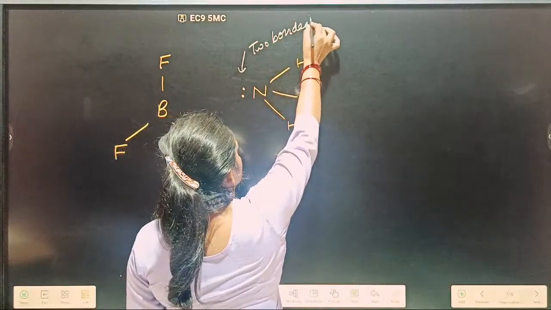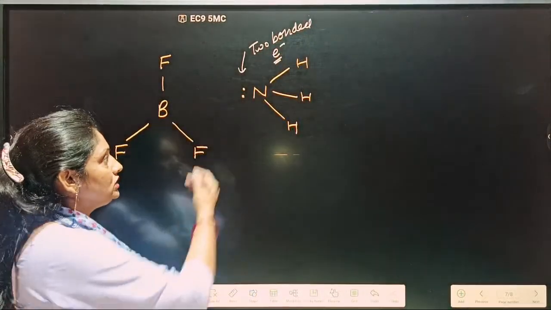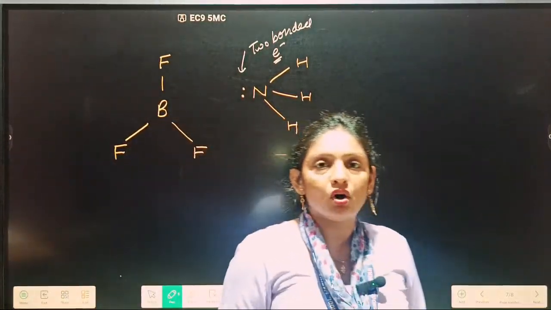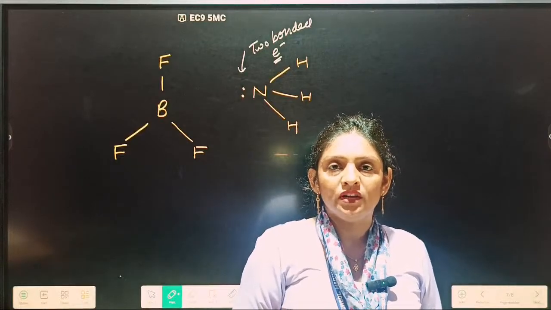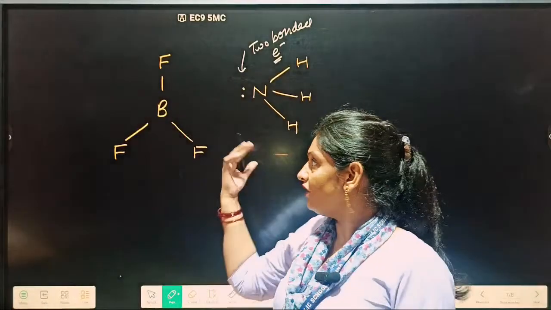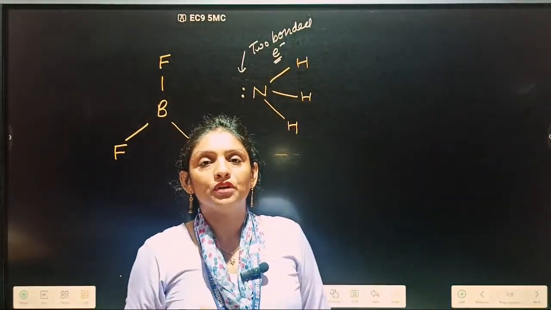So students, it cannot completely lose these electrons, because if it loses them completely, its octet will be incomplete. So it can give this pair of electrons to BF3 only on a temporary basis.